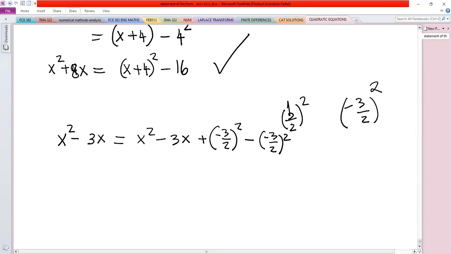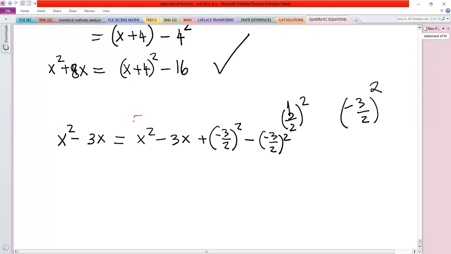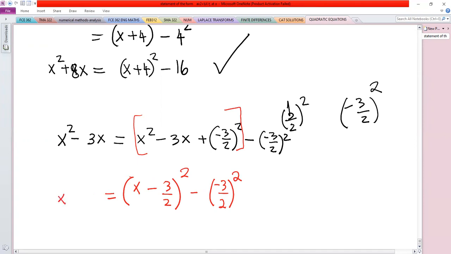Now, by so doing, this part can be written as x, and then bring this minus 3 over 2, squared, minus (3 over 2) squared. So this is the same as x squared minus 3x.